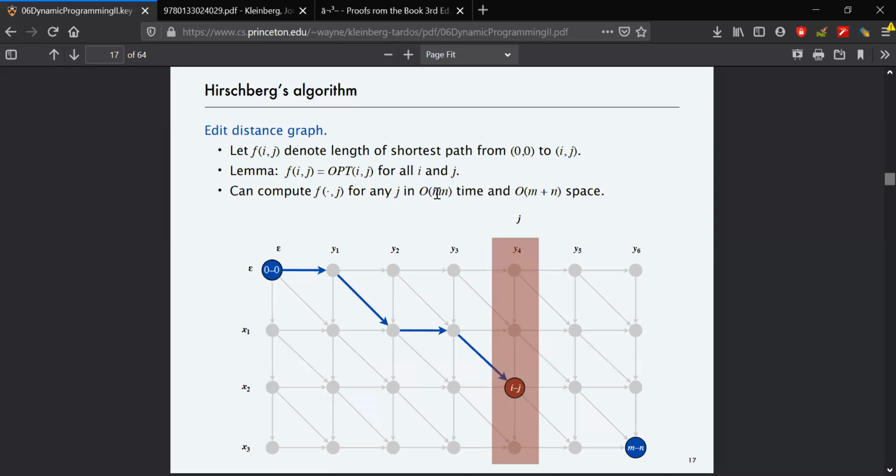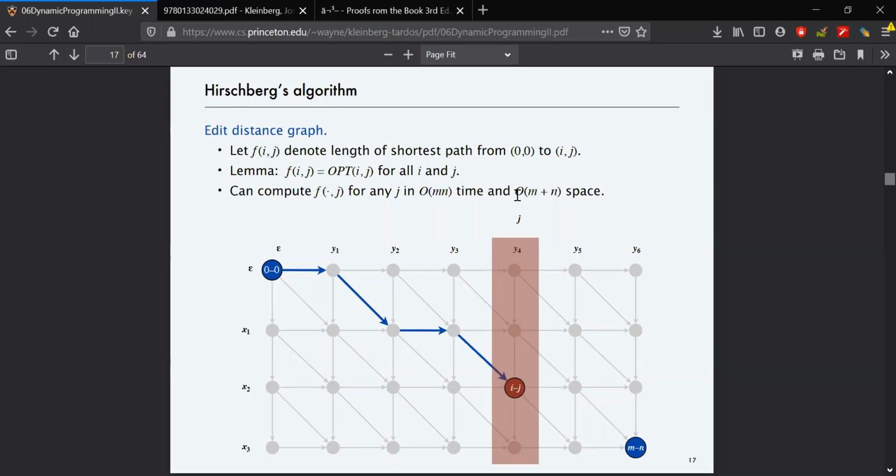Can you tell me why? Why can you compute this function in this much space? Let's say I tell you this is the row that I want you to fill, and I want you to do this in this much time and this much space. How will you do it?